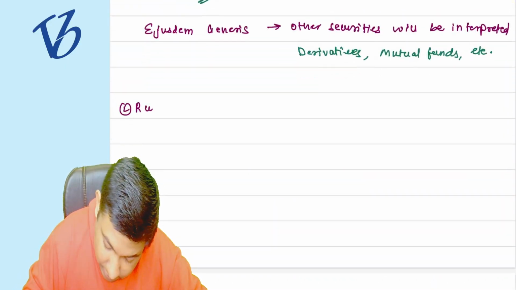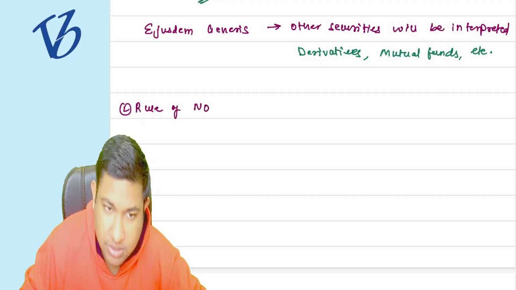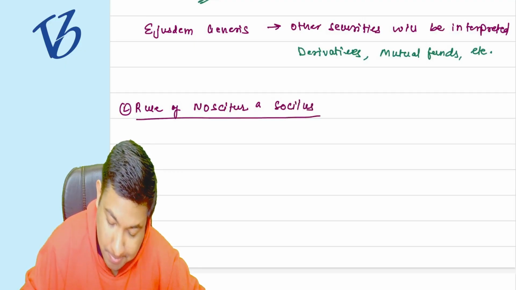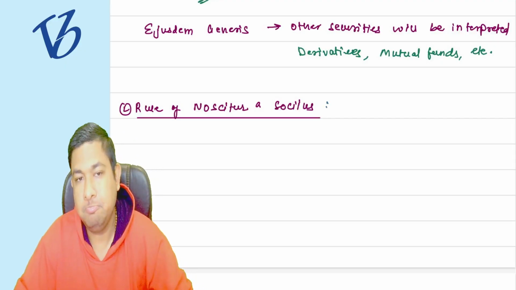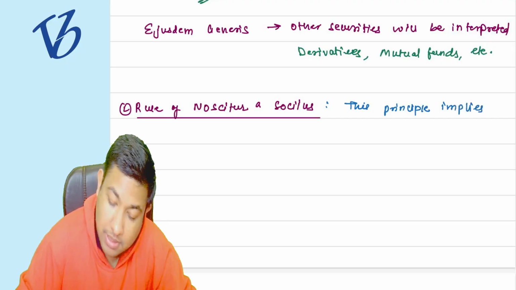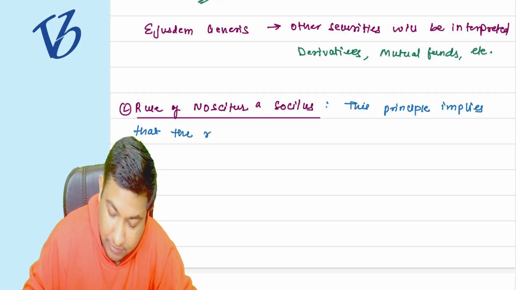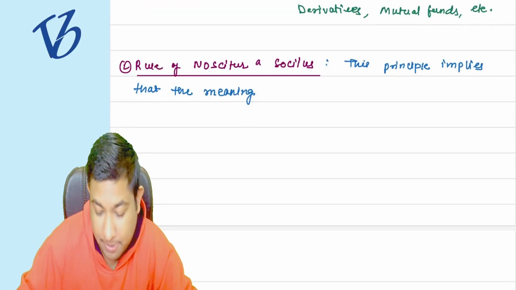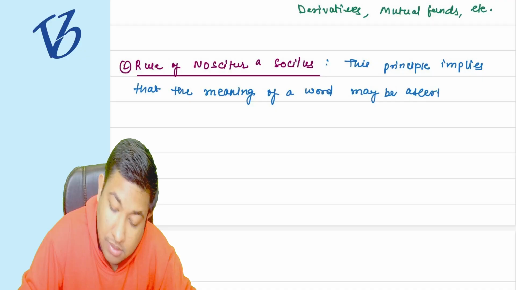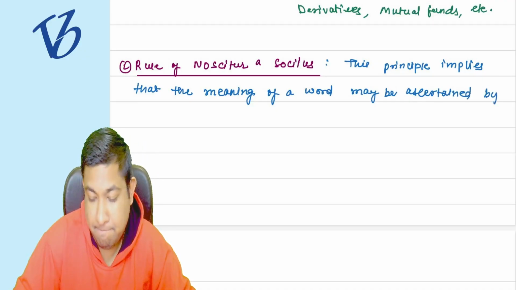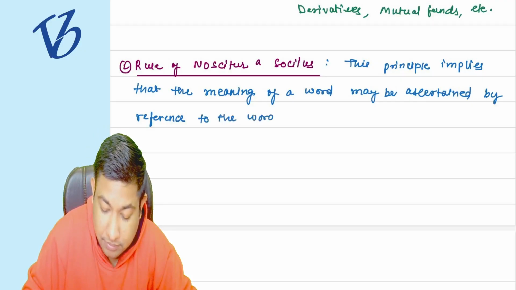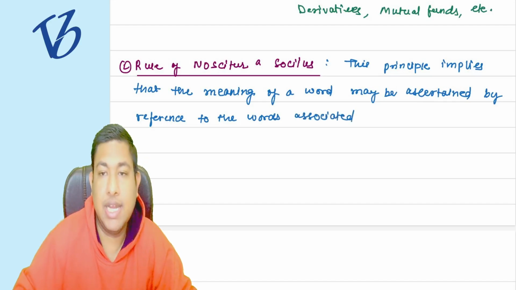Here as well, this principle implies that the meaning of a word may be ascertained by reference to the words associated with it.